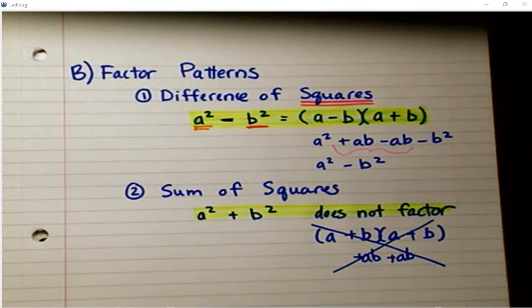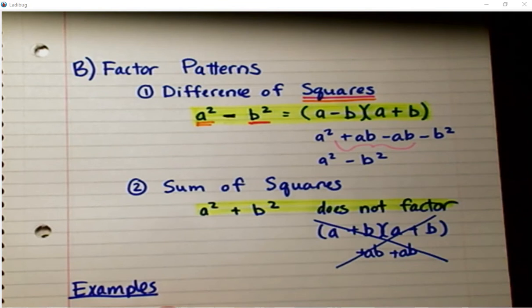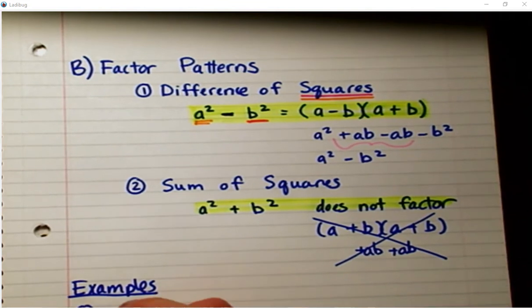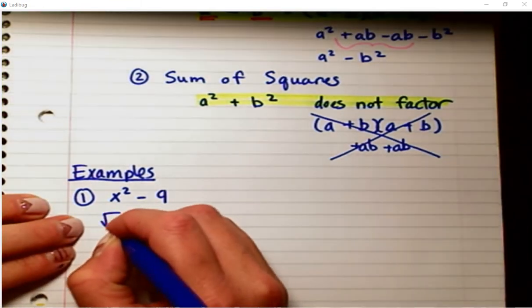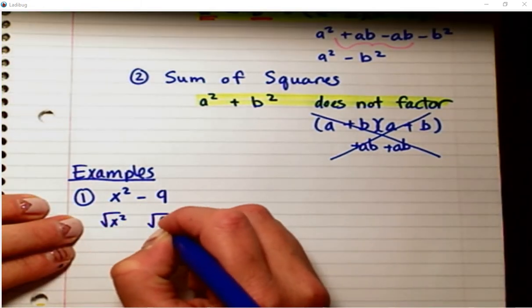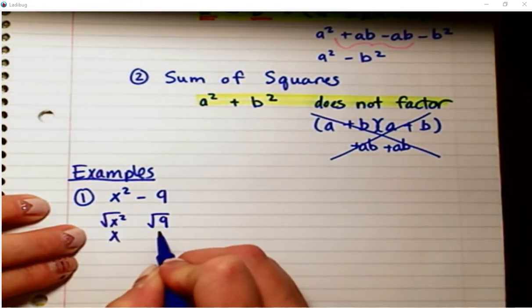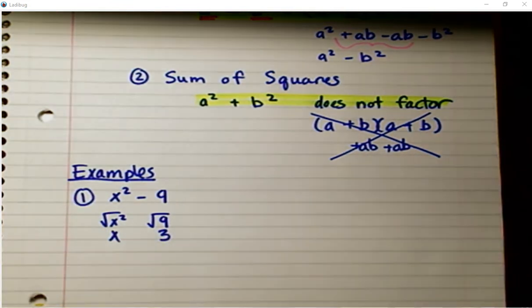Okay, so let's do some examples. Okay, we'll start simple. X squared minus 9. All right, so it kind of looks like perfect squares. Okay. So I'm just going to square root them, right? The two pieces, yes, they're perfect squares.